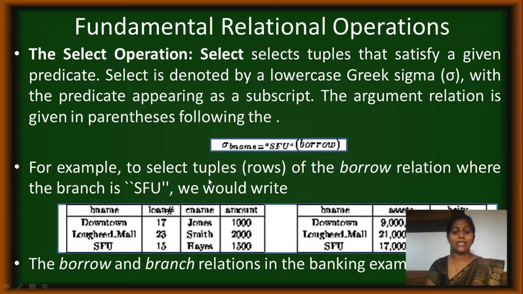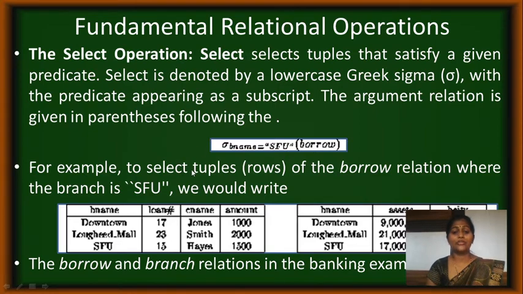Here is sigma as the select symbol, and I have a predicate. The predicate is my condition. What is that condition? Wherever bname is equal to SFU, that I want to retrieve. From which relation? The borrow relation. Understood? This is how we perform a select operation.